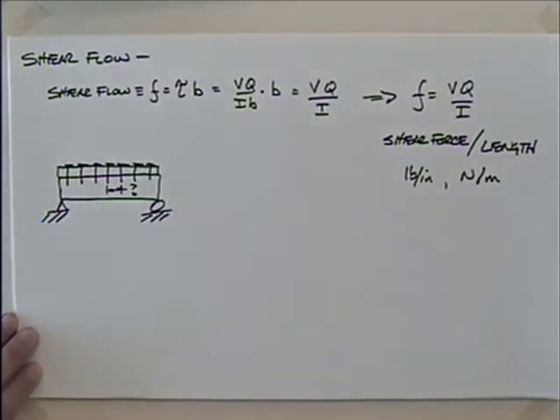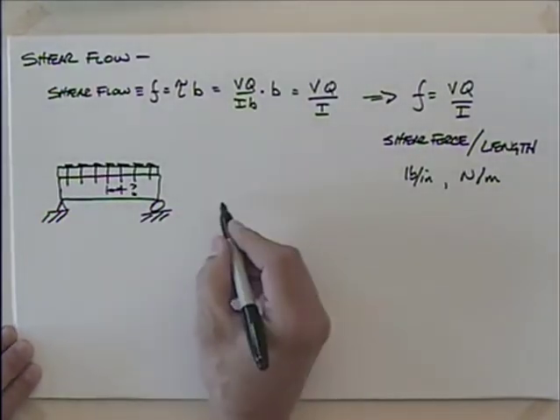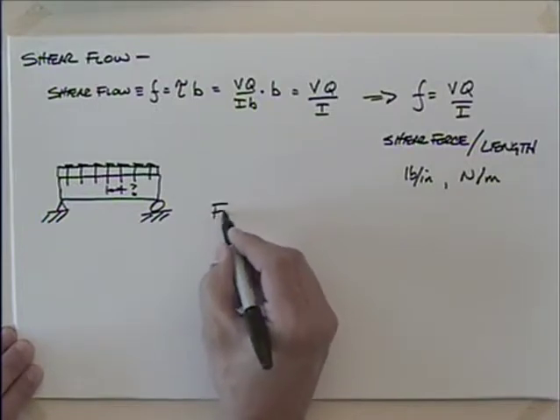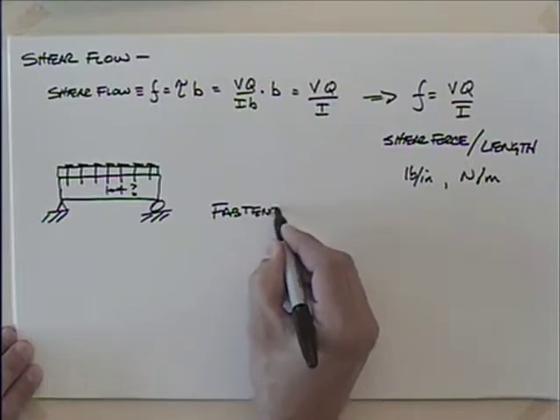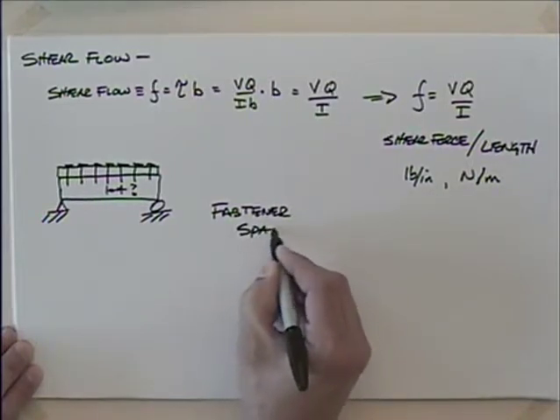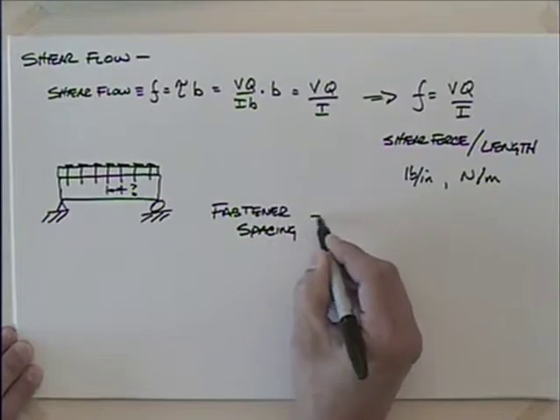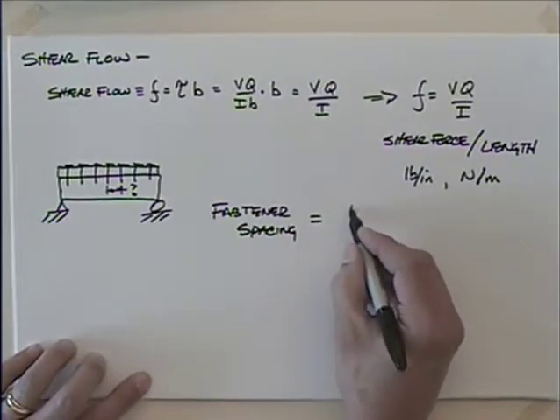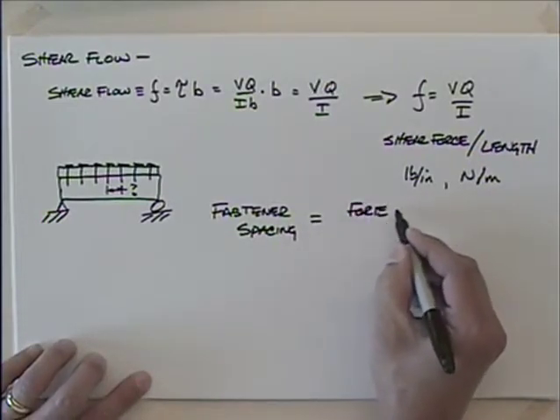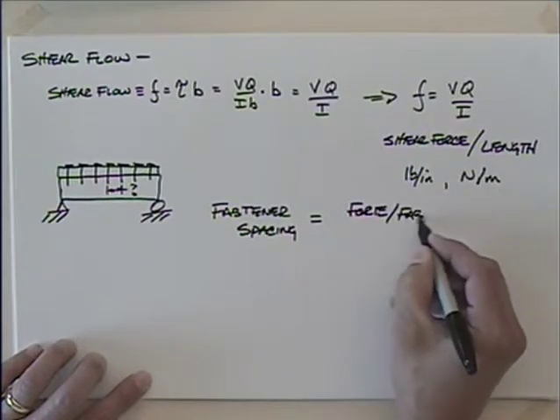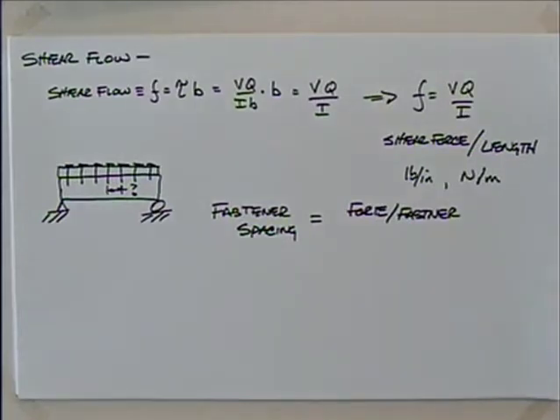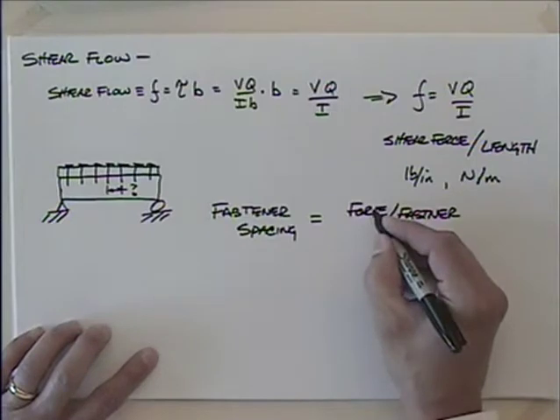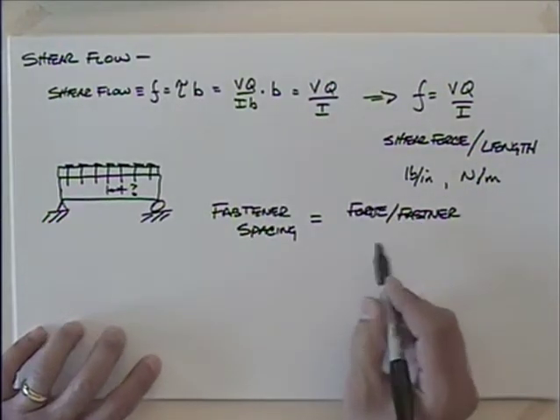What's that spacing? And the fastener spacing is then pretty easy with shear flow. Fastener spacing is equal to the force per fastener. Okay, so if we have a nail that supports 100 pounds per nail, that's where that number goes. Force per fastener.